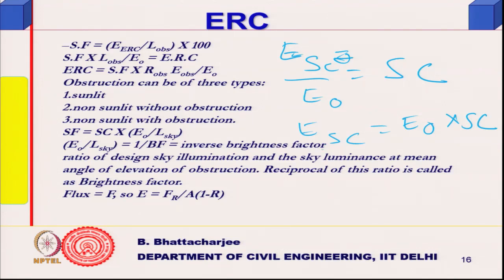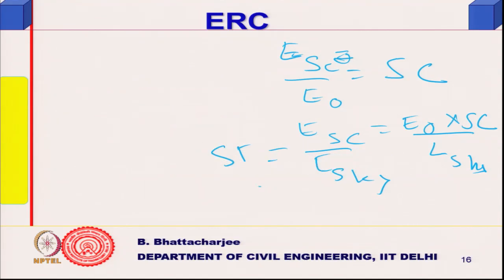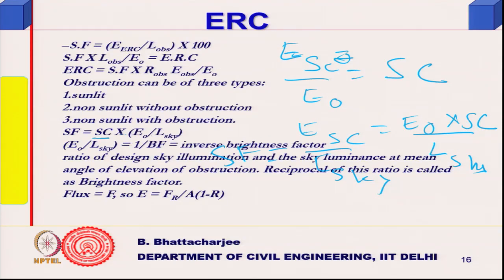Now, ESC divided by L sky on both sides should give me sky factor. So, sky factor is nothing but E 0 into SC divided by L sky. That is what we are saying, sky factor is this.